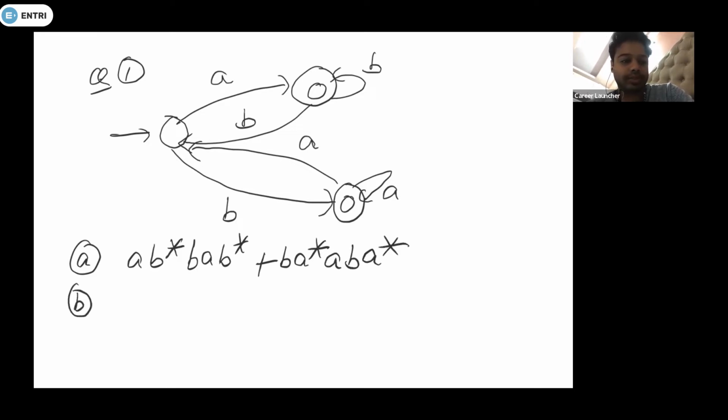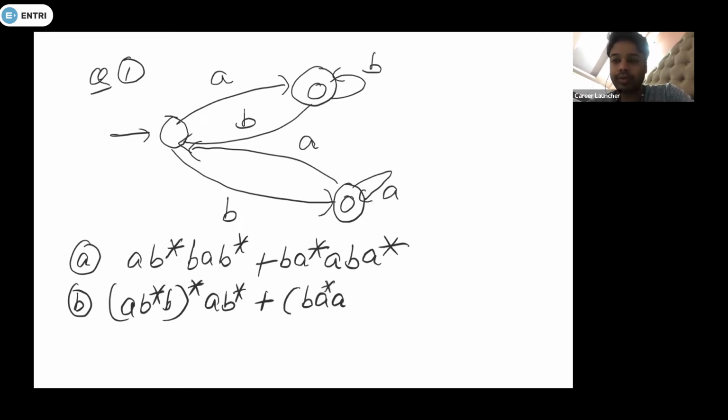Option B is a b star, b whole star a b star plus b a star, and b a star.